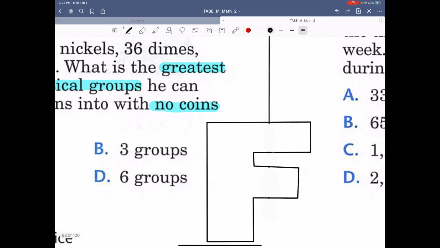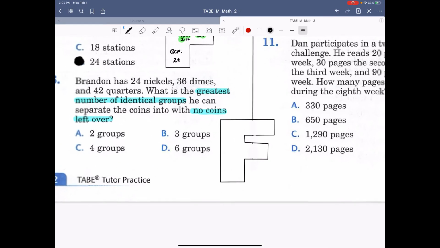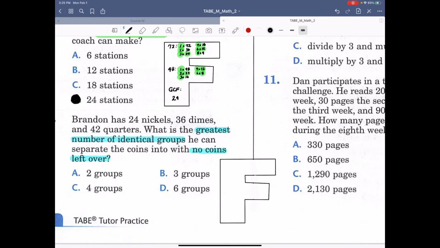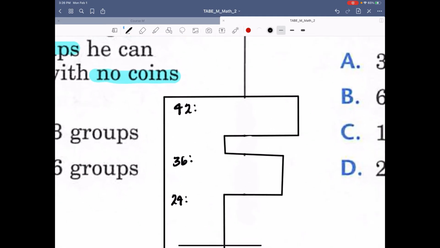Okay, so the numbers that we're dealing with, we have 24. That's the smallest one, so let me put it down here. And then the 42 and the 36. So I need to list factors for 3 of these.